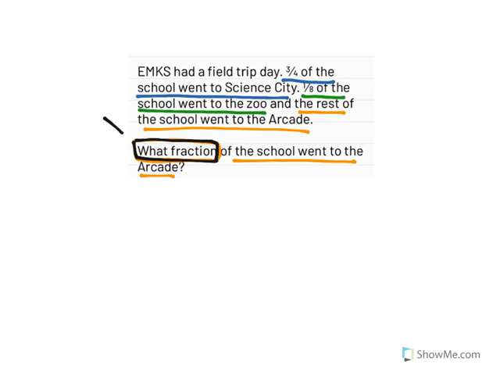That's a key word, or a clue, that this is a phantom whole. Now, if it said what fraction of something something, we know that that's a part of a part, but we were given information here about 3 different field trips representing the entire school. So let's think about this.